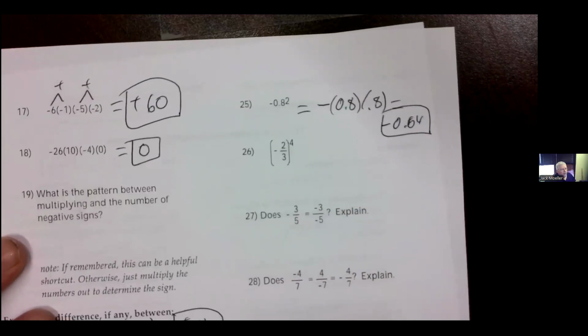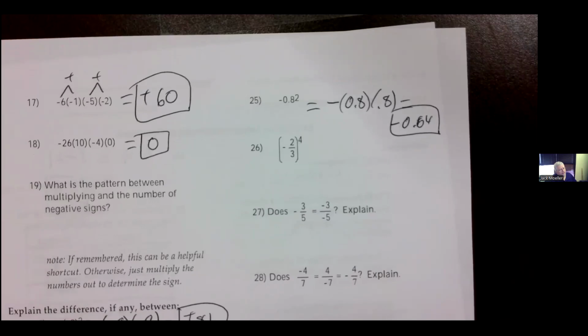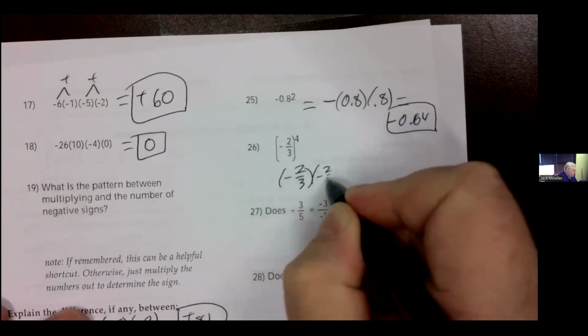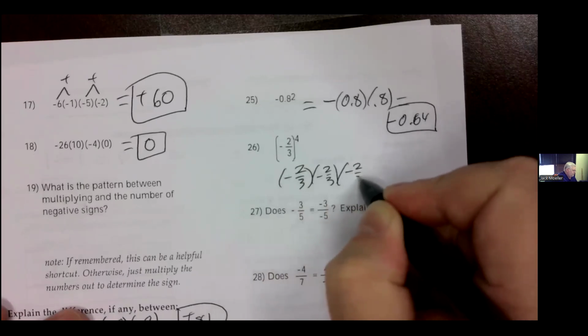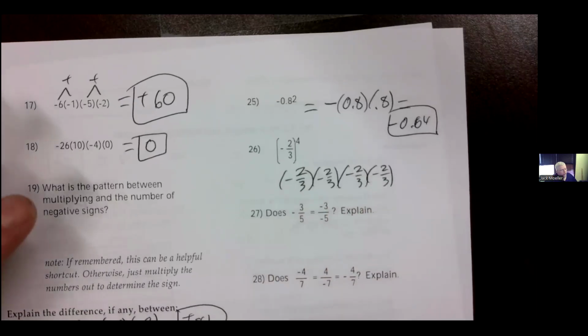All right. What about 26? How do fractions impact all this? Well, same way. That negative is inside the parentheses. So if we were to write it out, we'd have -2/3 four times. Okay. Well, how do we multiply that?